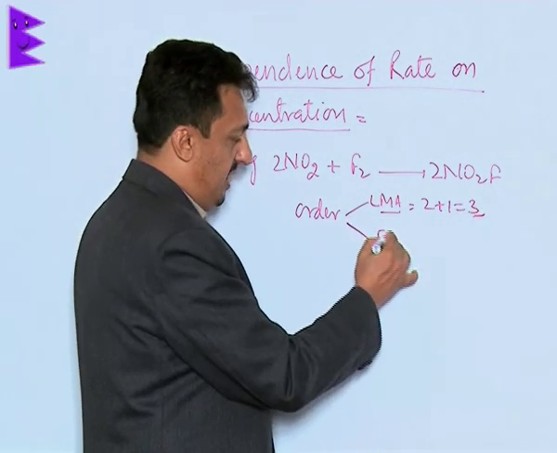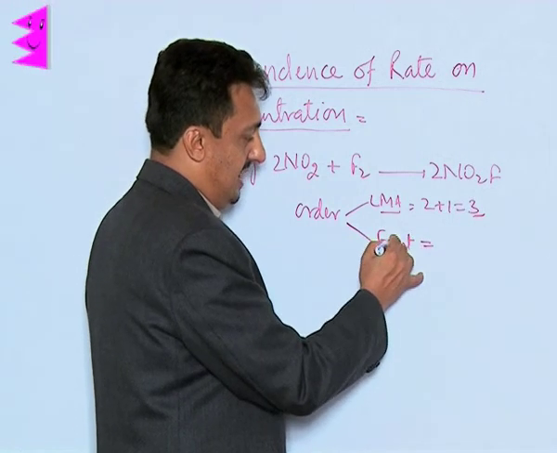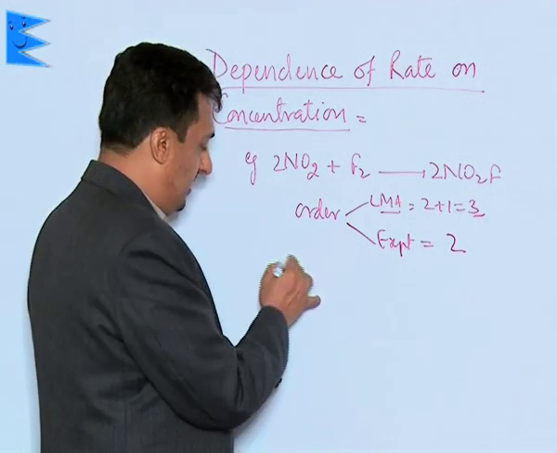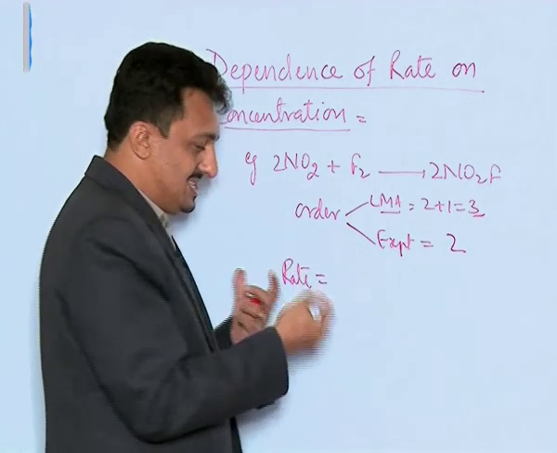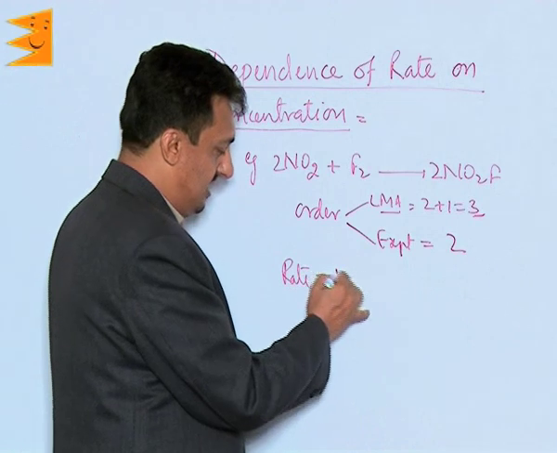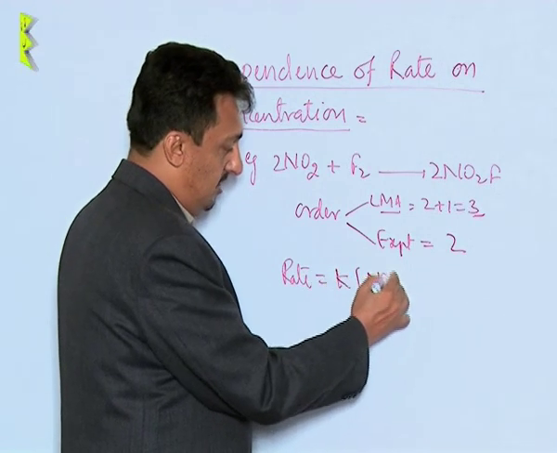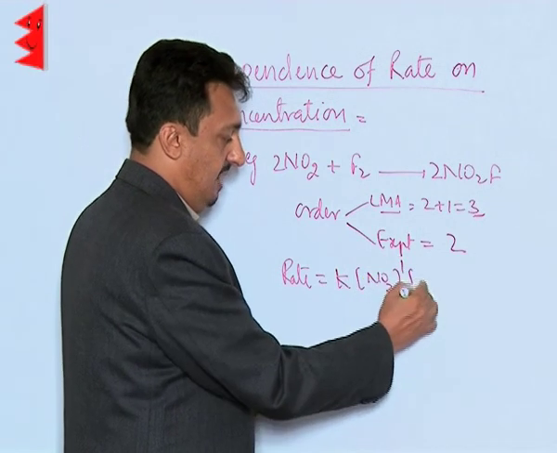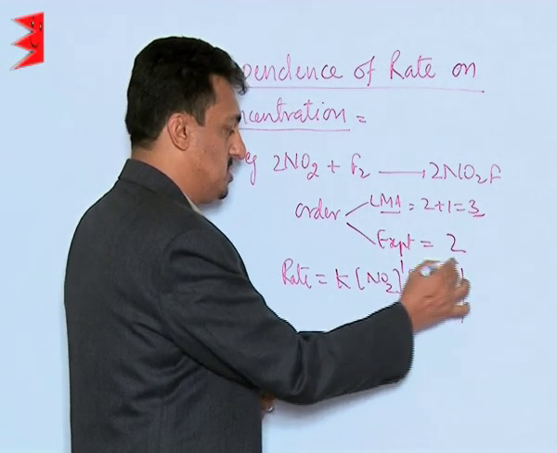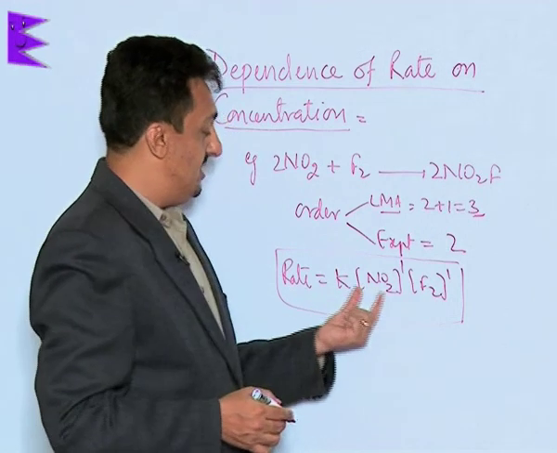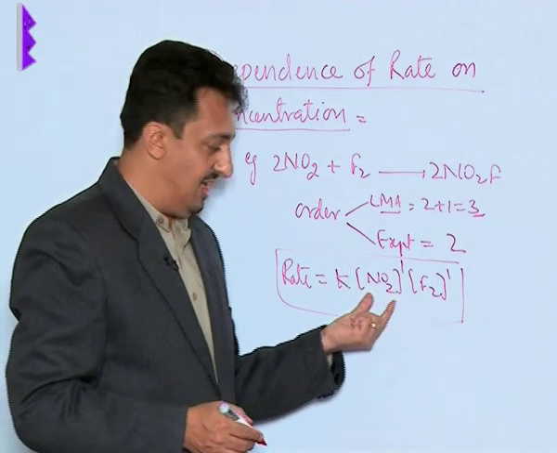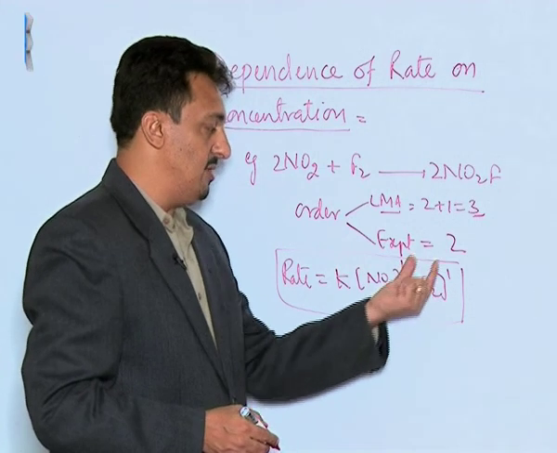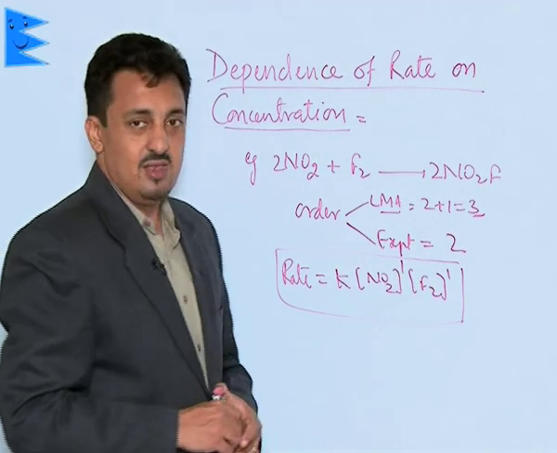But what we find experimentally is that its order is 2, so the rate expression as per the rate law is K times NO2 to the power 1 and F2 to the power 1. So it is directly proportional to the concentration of NO2, and directly proportional to the concentration of F2. In total it comes out to be 2, and it's a second order reaction.